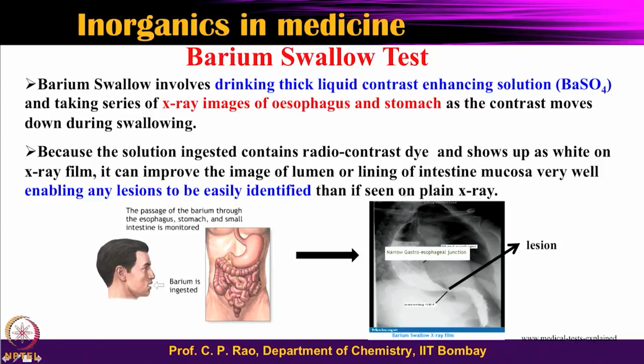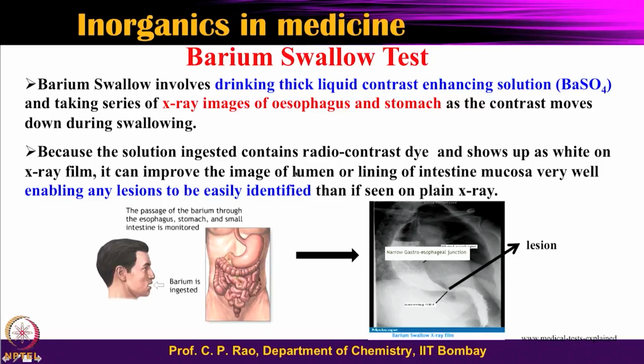If you take an X-ray as such of a person who has lesions in their stomach or intestines, you can see nothing. But if you make them drink the barium meal and then take the X-ray, you will find the contrast.